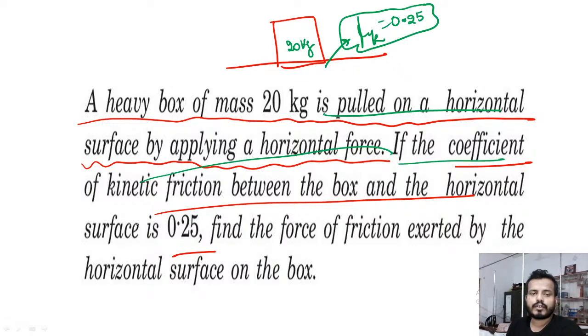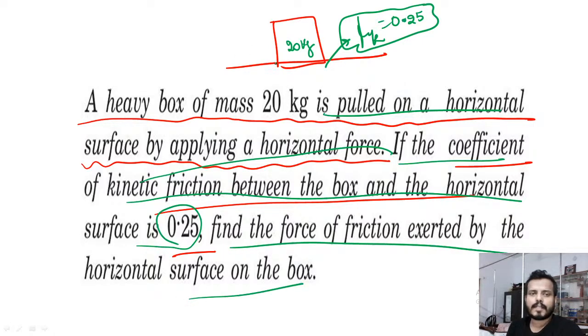If the coefficient of kinetic friction between the box and the horizontal surface is 0.25, so here mu k is 0.25, find the force of friction exerted by the horizontal surface.